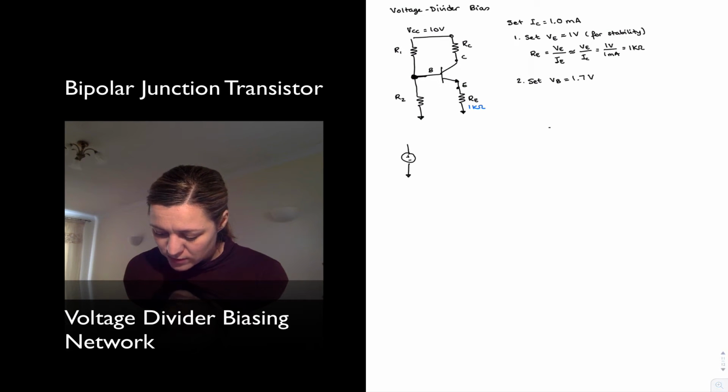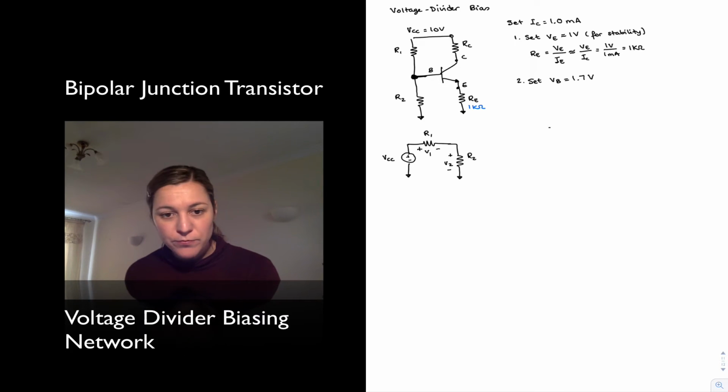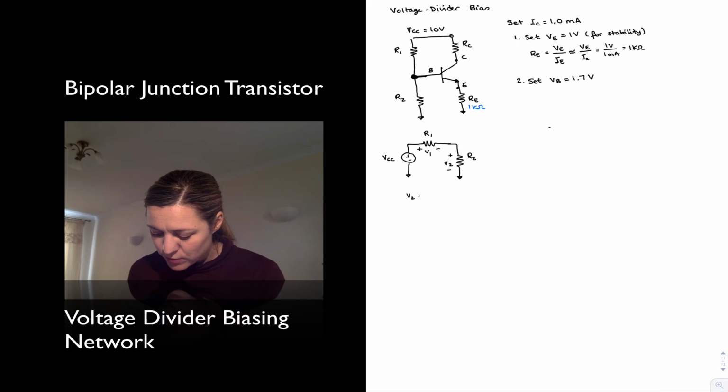This is our VCC voltage, and we are dividing it between R1 and R2. V1, V2, where we can write V2 is equal to R2 divided by R1 plus R2 times VCC.